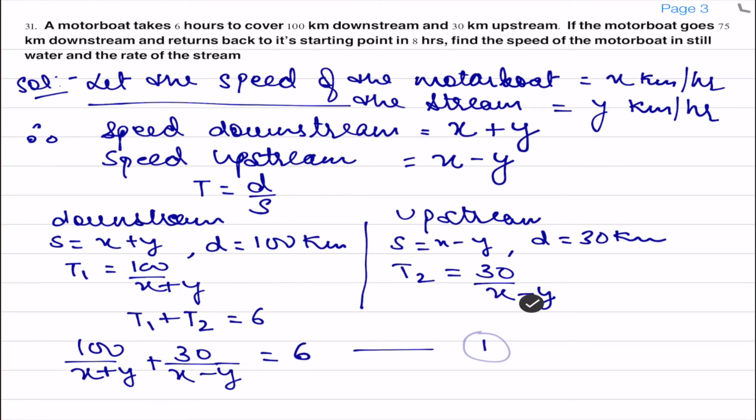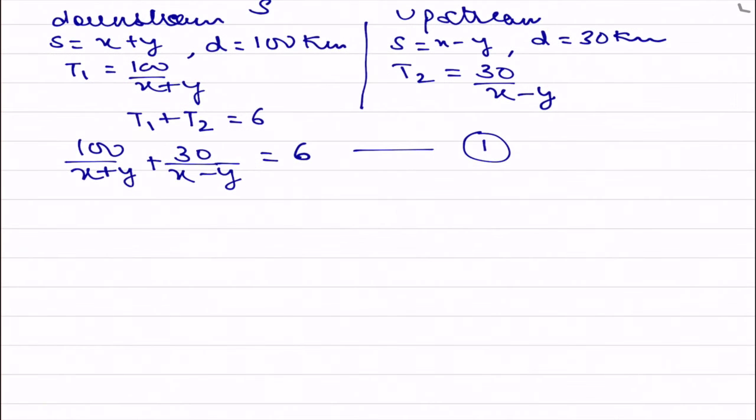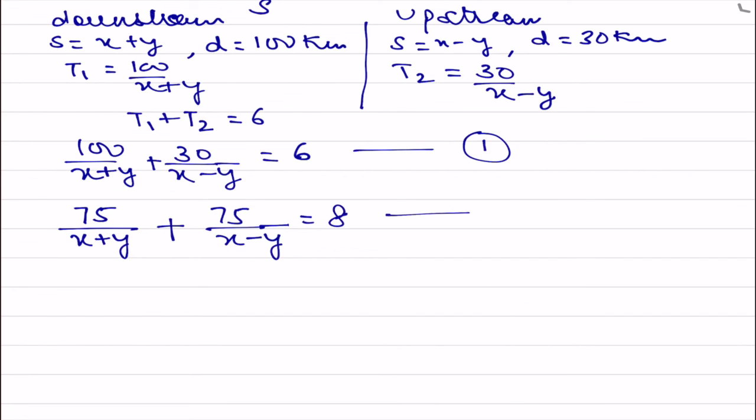Now see children, in the same way we will make the second equation. Read the statement: 75 km distance is in upstream as well as in downstream. So 75 is the distance, speed is x plus y downstream and x minus y upstream, both the cases the distance is 75 and the time taken in this case is 8 hours. This is your second equation.